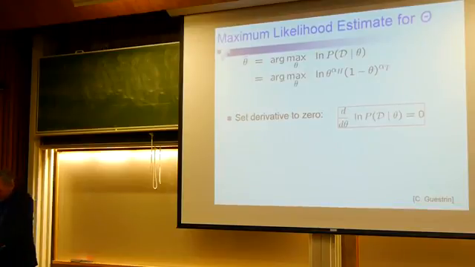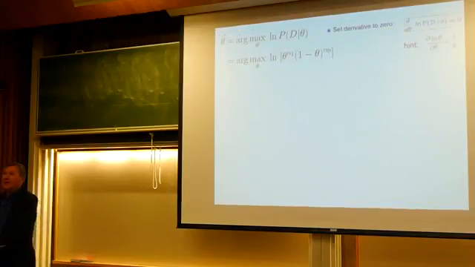I'll take you through the first few steps, and on your homework you're going to get a chance to look at these estimates in more detail. But so what we want to do here is set the derivative of this thing to 0. And so let's take the derivative with respect to theta of this thing.